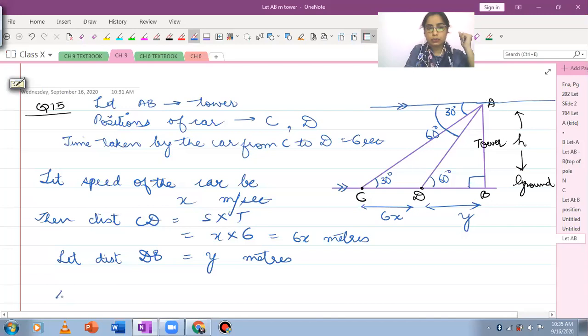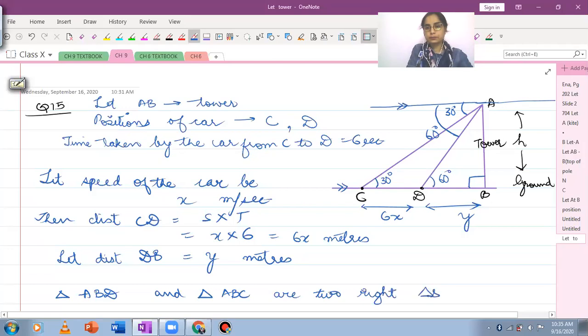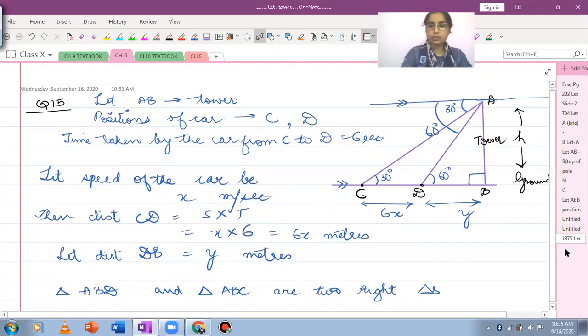I'm just going to write down triangle ABD and triangle ABC are two right triangles. And let's apply the T ratios.